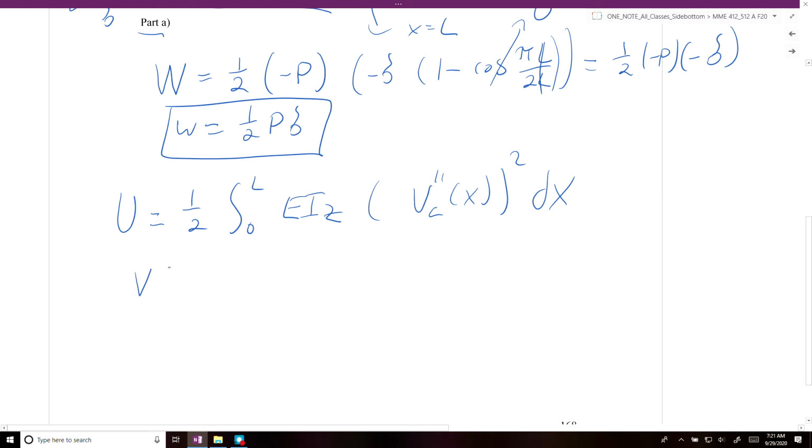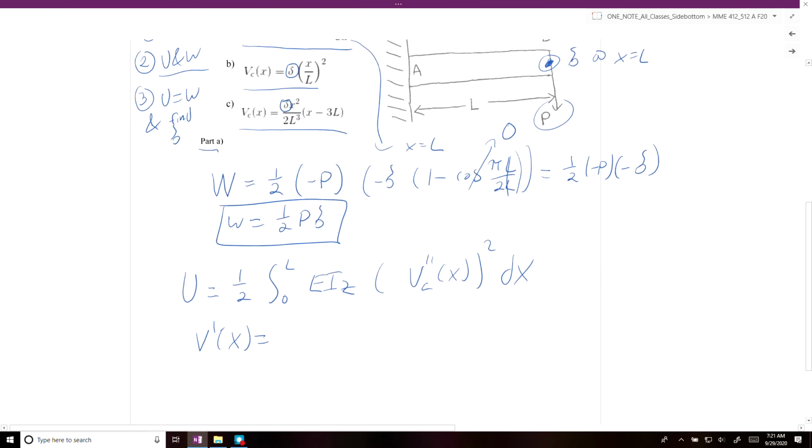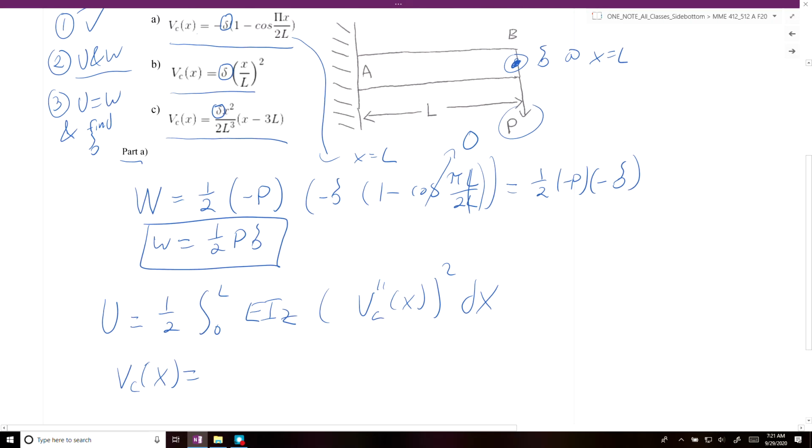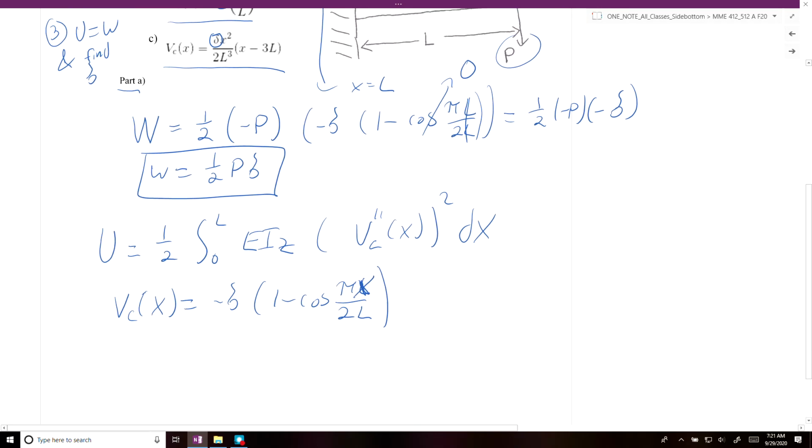We'll first take v prime of x, so let me first rewrite Vc(x). Vc(x) is equal to negative delta times 1 minus cosine of pi x over 2L.